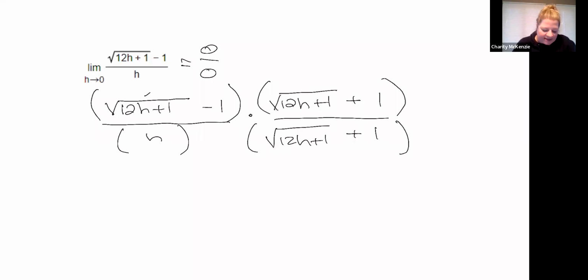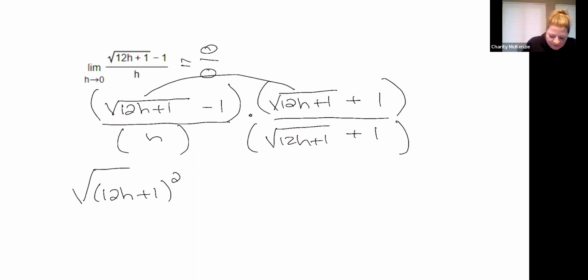So we start with this one times this one. So the square root of 12h plus 1 times the square root of 12h plus 1. We can multiply them because they both have a square root. So that is the square root of 12h plus 1 squared. Don't multiply it out. And this is all under the square root. Why don't we want to multiply it out? Because the square root and the square undo each other. So we don't want to multiply that out.